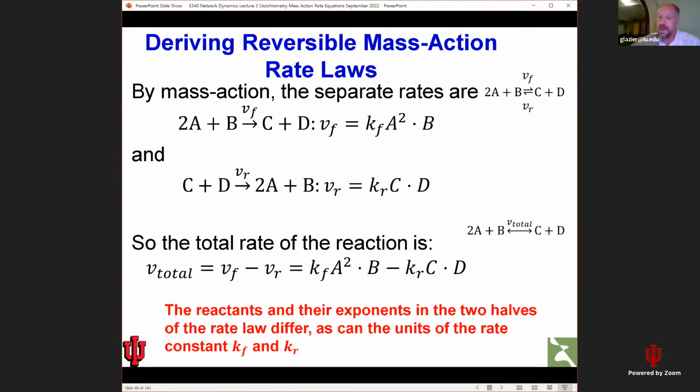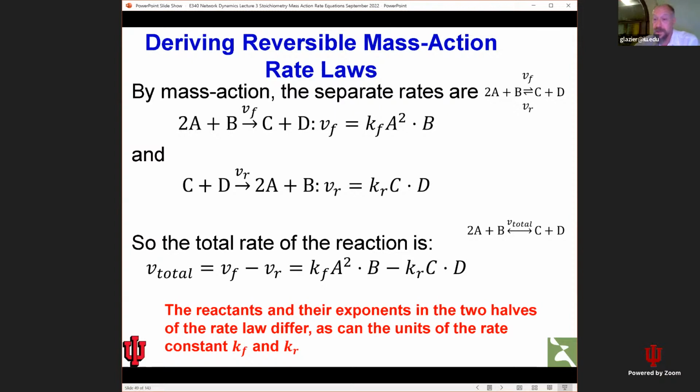Note the units of K forward and the units of K reverse are different. That seems funny. We might expect the units to be the same, but they're not. And that means if I take a rate, I can't ask the question, is K forward faster than K reverse? Doesn't make sense because they don't have the same units.